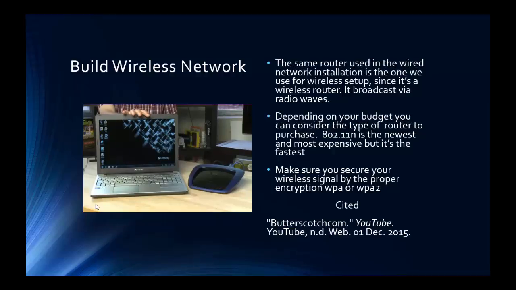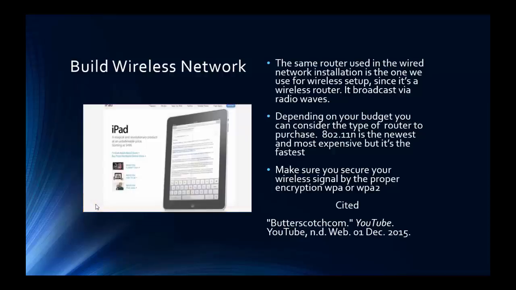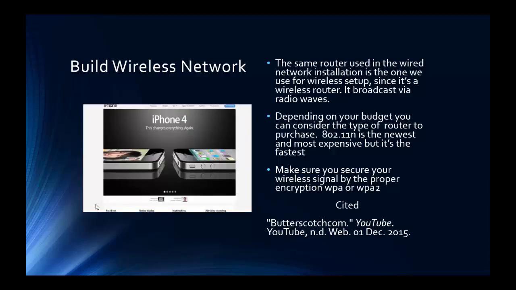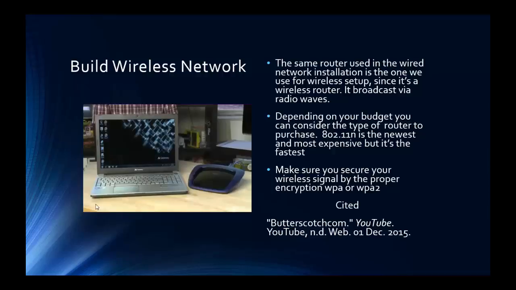But you have to consider what options you have according to the budget that you have been given to install your wired and wireless network. It transmits a wireless signal for your iPad, for your iPhone, and basically for any wireless needs that you might have, or the company that you're working for might have.